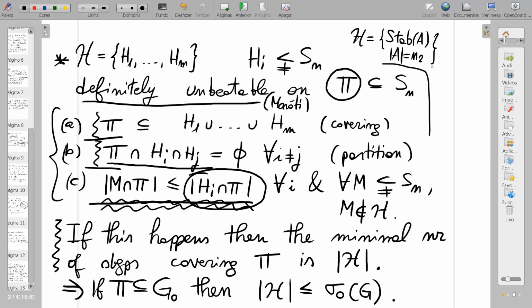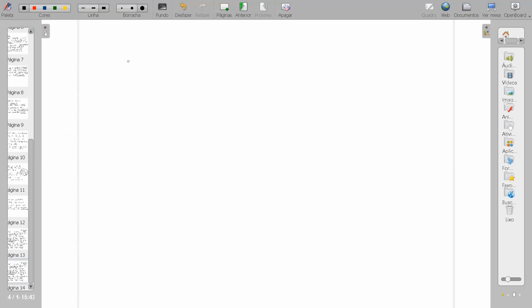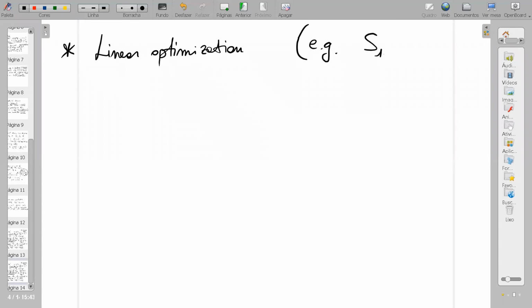Now let me just tell you, to finish, that in some small cases this was not possible, because, of course, these are very strong properties. For example, for S10, we needed to use linear optimization.